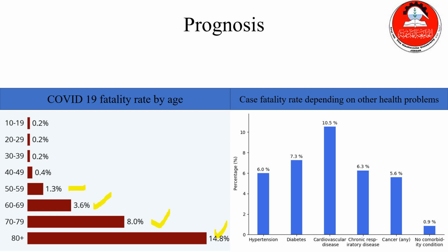Also, this figure shows that hypertension, diabetes, cardiovascular disease, respiratory disease, and cancer can increase the mortality rate in these patients compared to persons who do not have any comorbid condition.